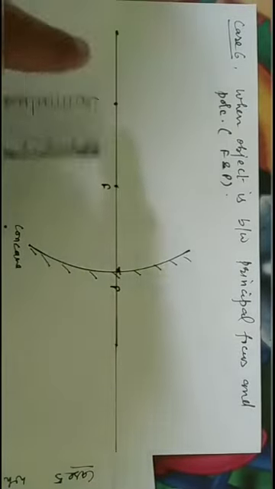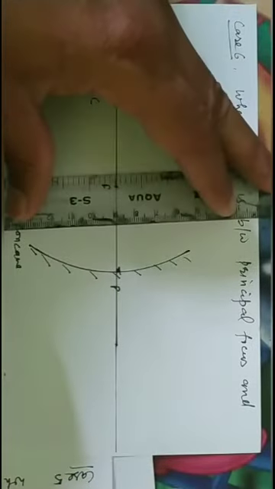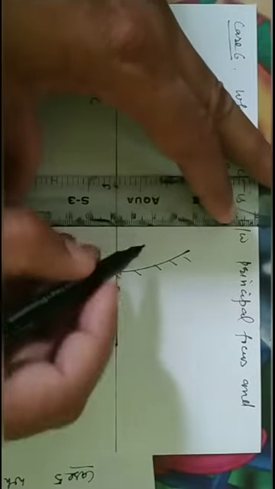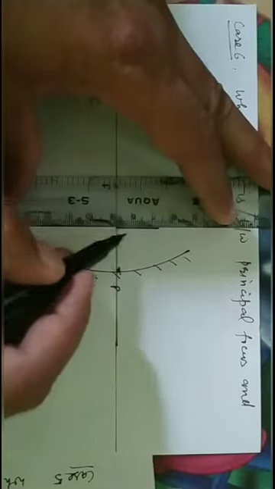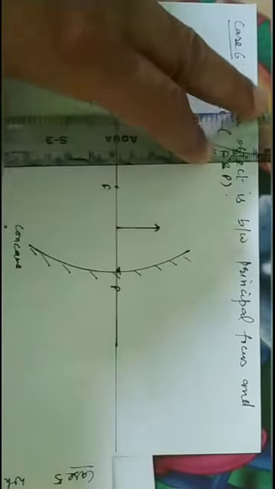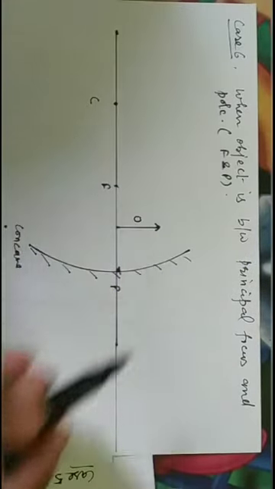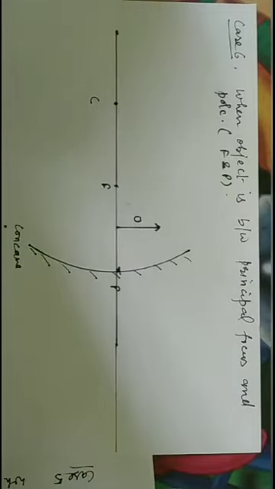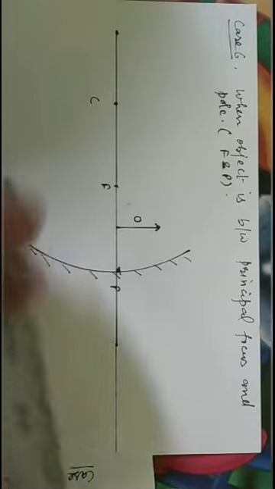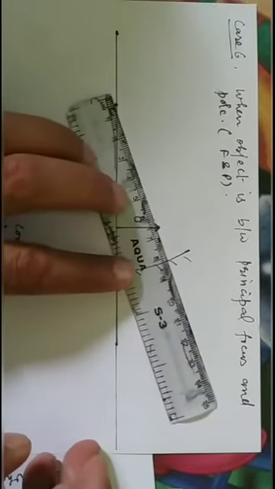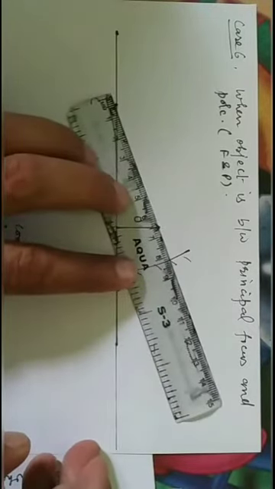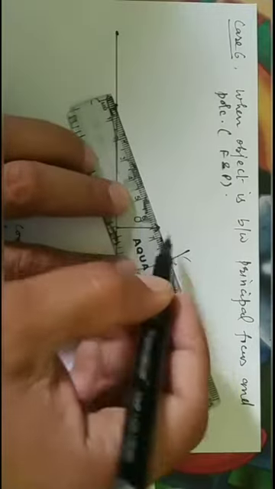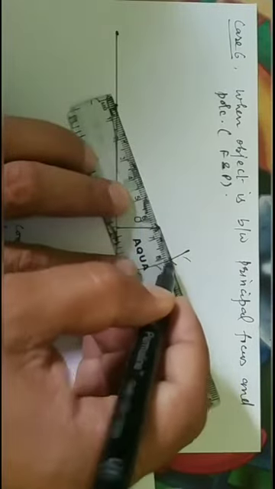Now I am placing my object between focus and pole, so I can keep it anywhere between F and P. This is my object. To draw the image of the object, I will draw a minimum of two rays. The first ray is that which appears to pass through the center, or is along the center.